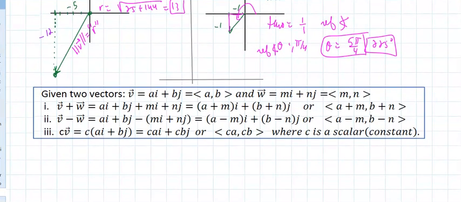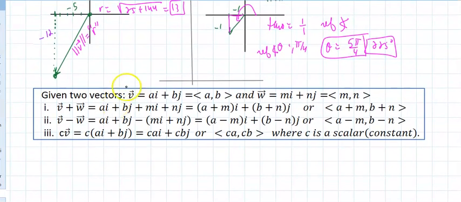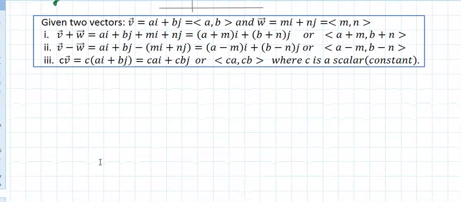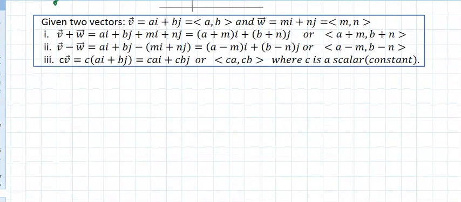Okay, the last aspect of, well, actually there's one more, but the last combination of arithmetic work, that is calculations in vectors. Given two vectors, v, again, I could use the i and the j component form, or I like components much better.